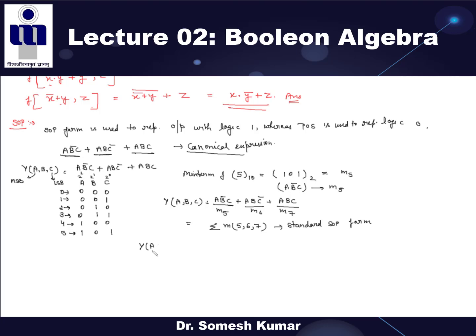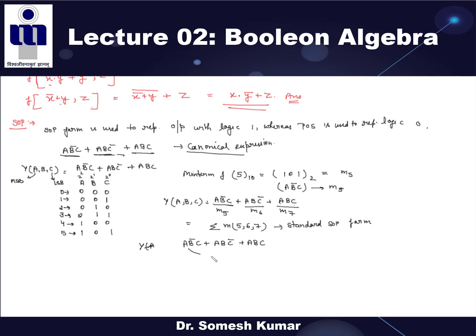Now tell me, what is the minimal SOP form of this expression? It is the canonical form, right? We can take AC common from this term and this term. This is ABC.